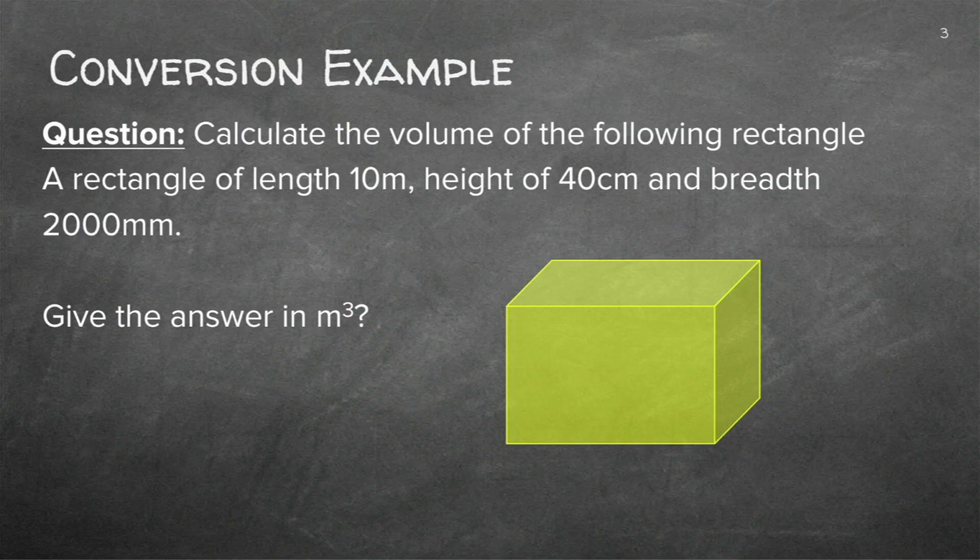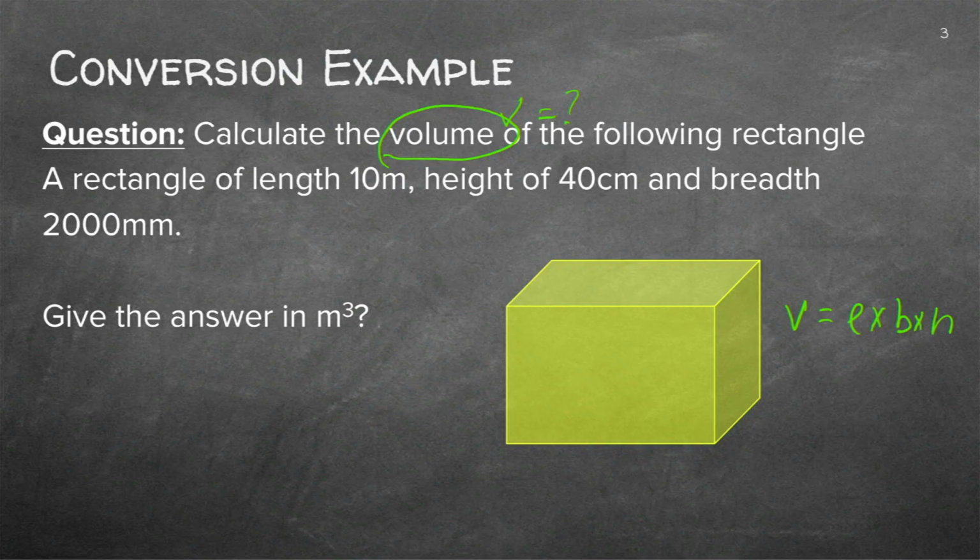So let's have a look at an example. The question posed to you is, calculate the volume. So when you read, you already say they want me to work out the volume. The volume will be the length times the breadth times the height that you've done previously.